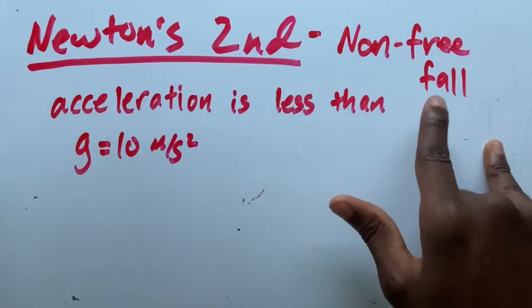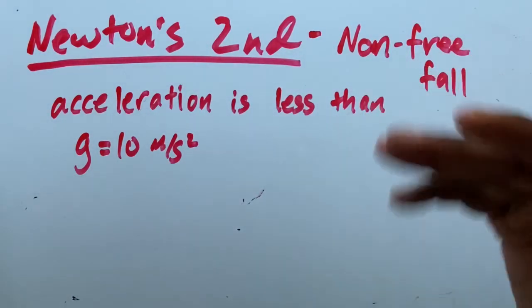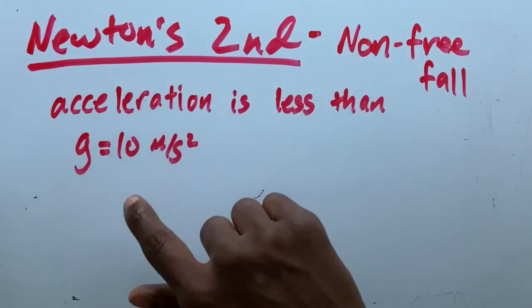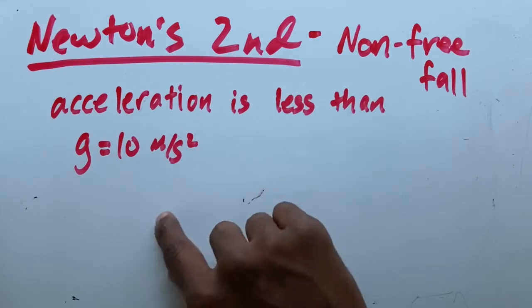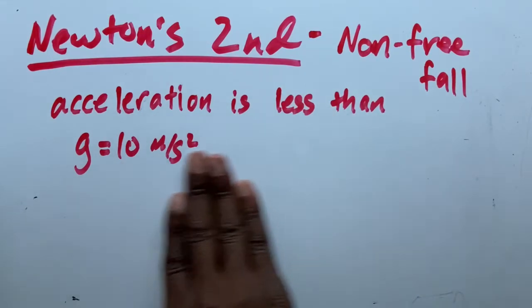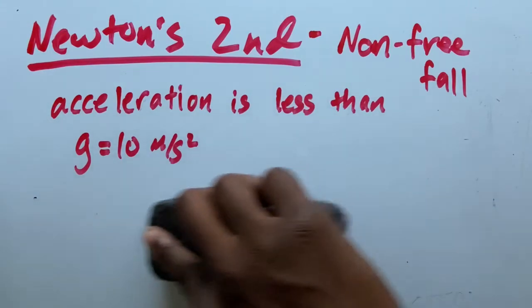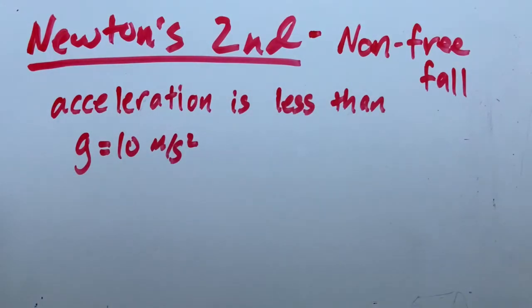So whenever an object is in non-free fall, the acceleration is going to be less than 10 meters per second squared, right? So let's get a scenario in mind so that this can begin to make a little sense.